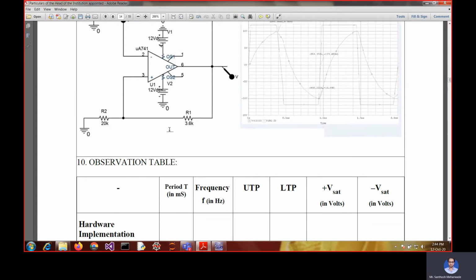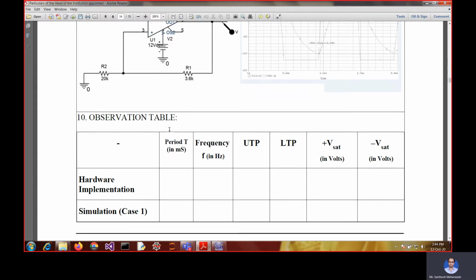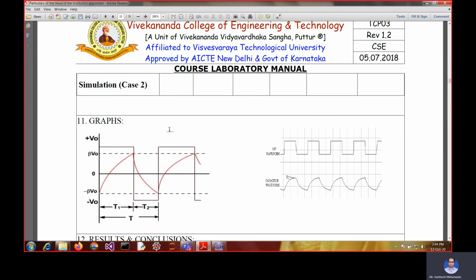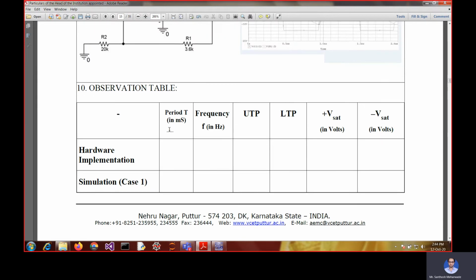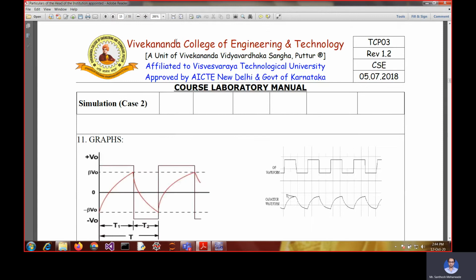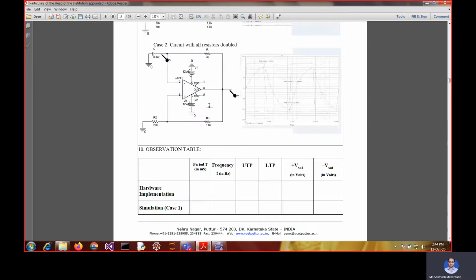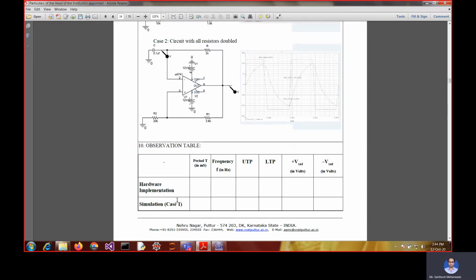Now let us go to the observation table. You can see simulation case 1 here, and similarly case 2 below.